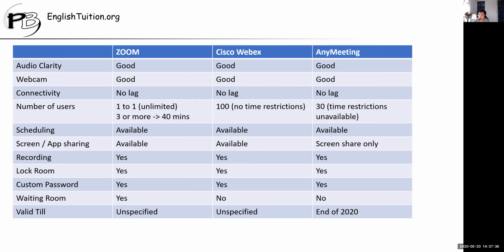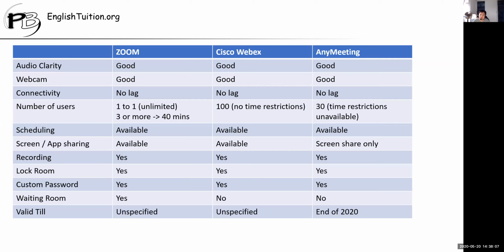I know there's one more software that many of the users online are familiar with, and that's Google Meet. Google Meet is widely used in local schools, so the students are very familiar with that as well. But unfortunately, even though they say that they are rolling out the free premium features, they need users to have a G Suite account to be able to use Google Meet.